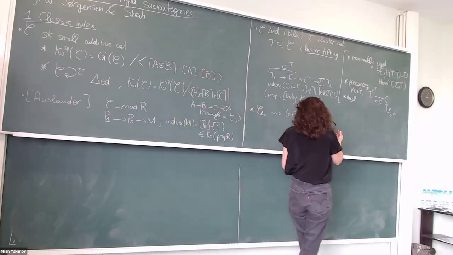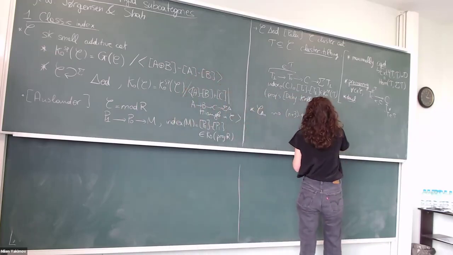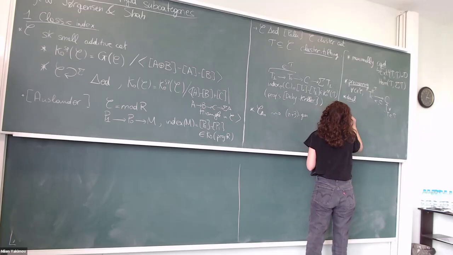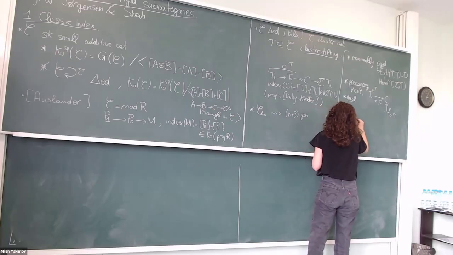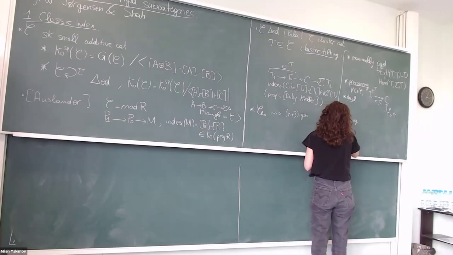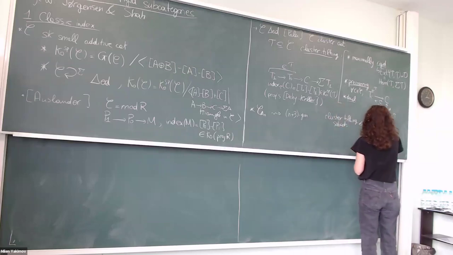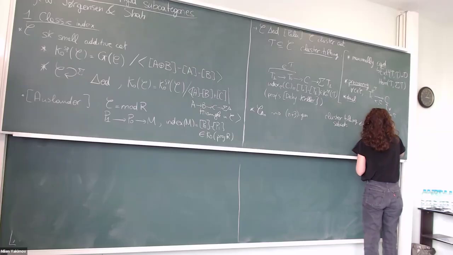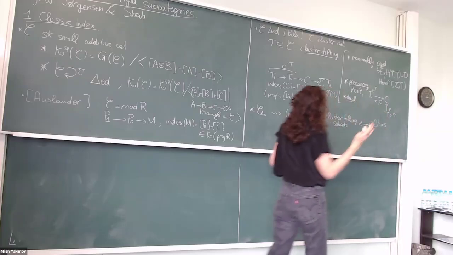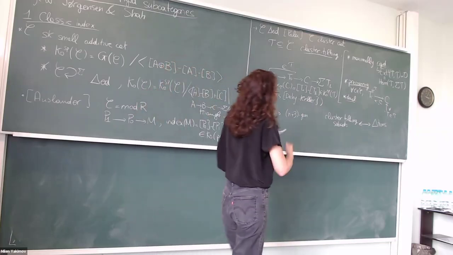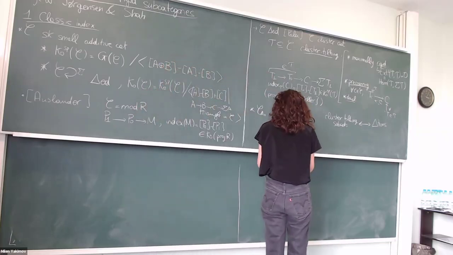And so what are the maximally rigid subcategories? The cluster tilting subcategories are just all of the triangulations of these polygons. Because if I want a maximal collection of non-crossing arcs, this is going to be a triangulation, and this will correspond to these cluster tilting subcategories.